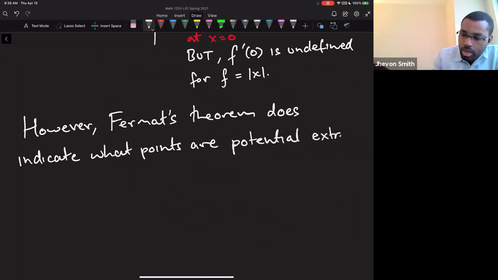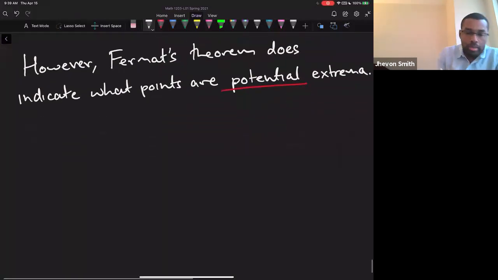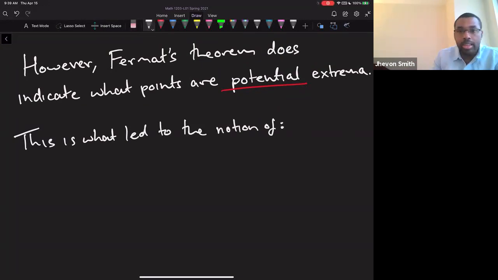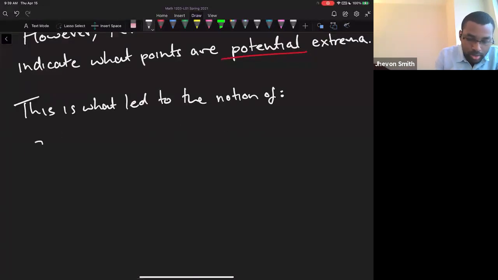So Fermat's theorem would help you to identify potential extrema, right? But obviously there are further checks that need to be made. And this is what led to the notion of, which we've actually mentioned before, but I defined it on the spot very hastily, critical points.